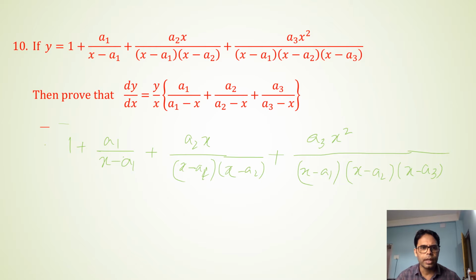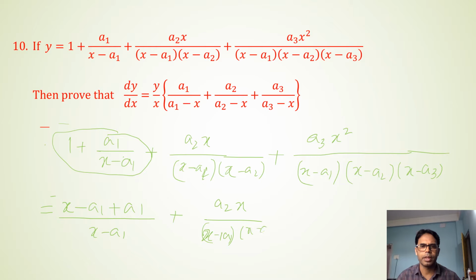After that, take LCM in the first two terms only, not on the other terms. If you take LCM for all the terms at a time, then the calculation will be harder. But if you take LCM in the first two only, it will be easy. After taking LCM in these two, you will have x minus a1 plus a1 whole divided by x minus a1, and the rest of the terms remain the same, that is a2x divided by x minus a1 and x minus a2, and the last term.